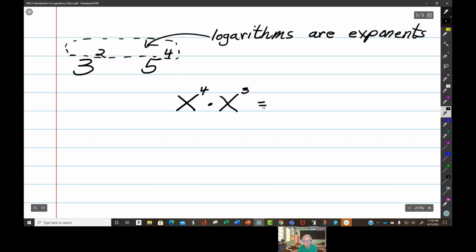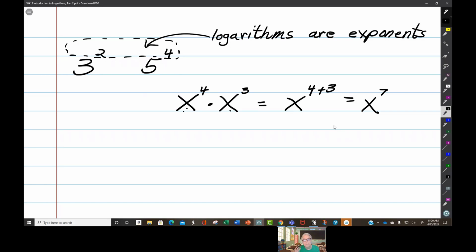We have a rule that says when the bases are alike, you add the exponents. And so that's going to be x to the seventh.